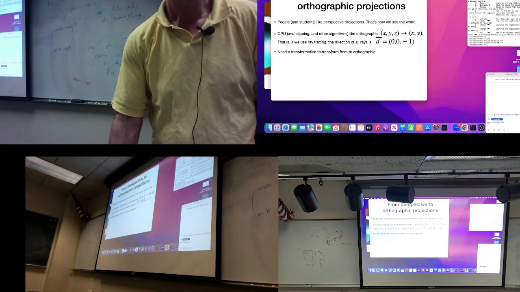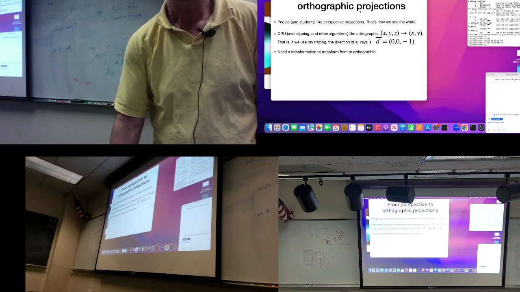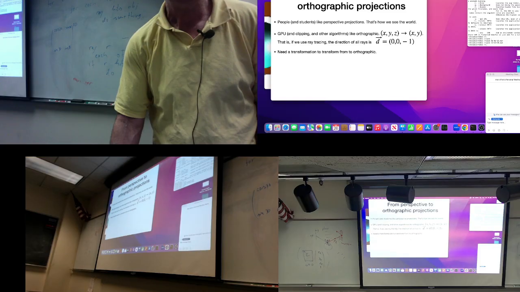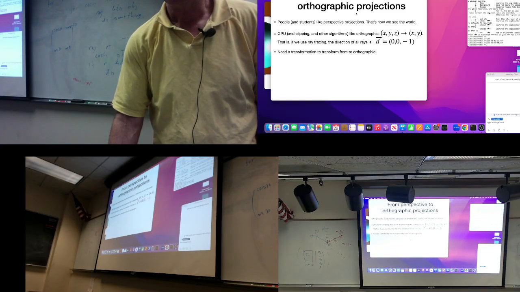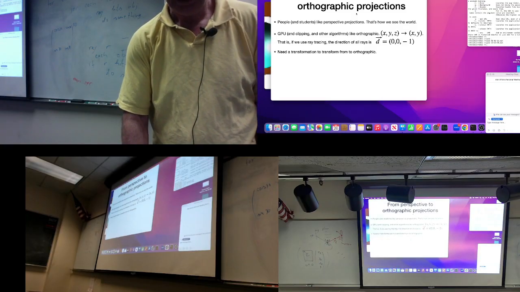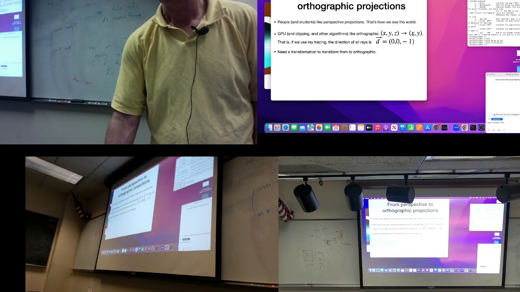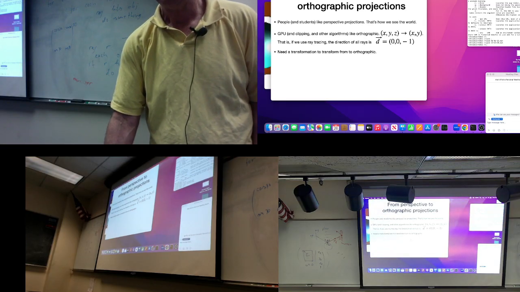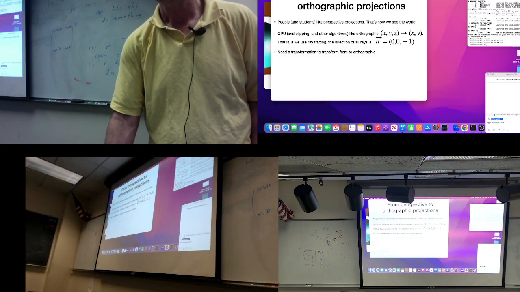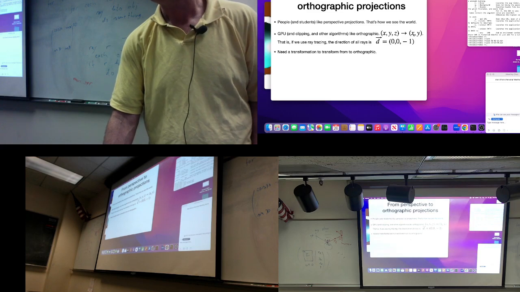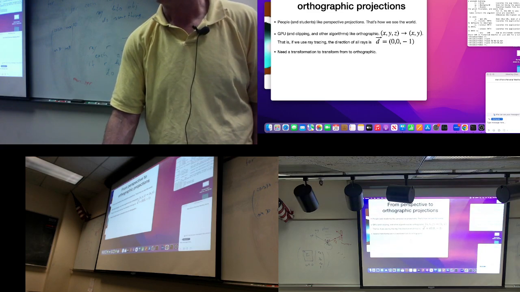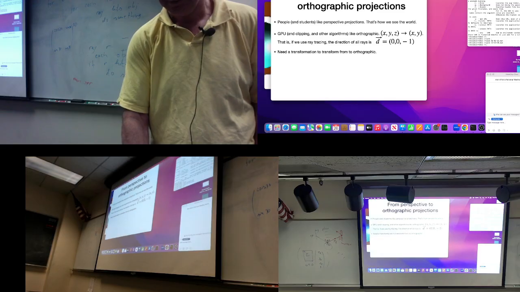Okay, let's talk about how I get from perspective projection to orthographic projection. So I have a bunch of points, x, y, z, and I want to convert each one of them into x', y', maybe not the same. If I want to just do orthographic projection, I just ignore the z, but that doesn't take perspective into account.